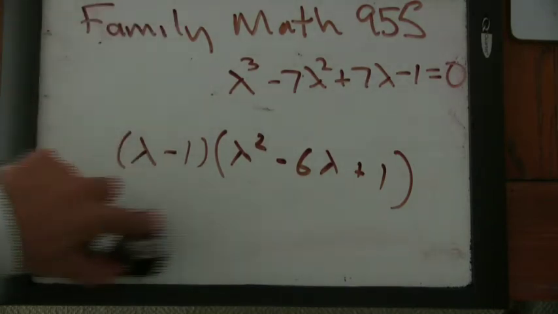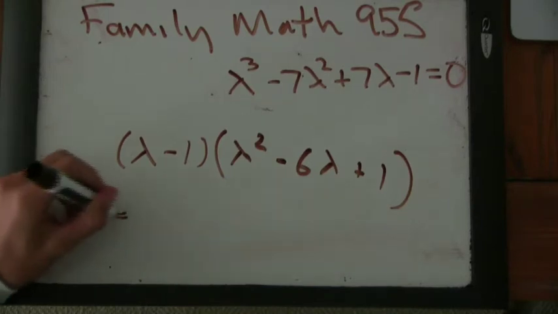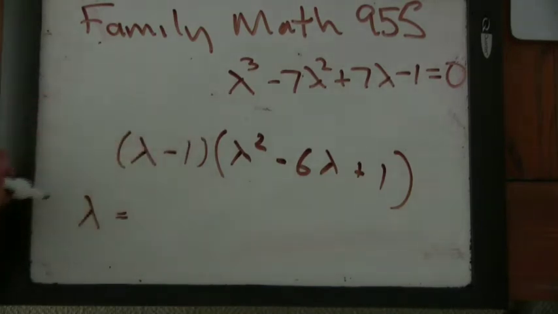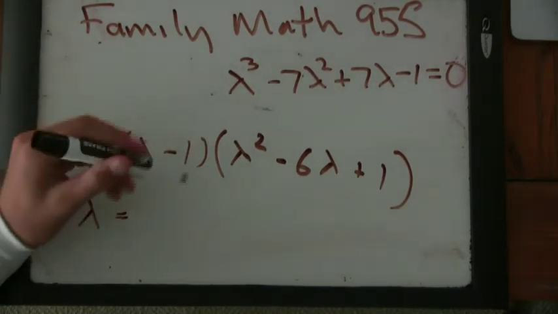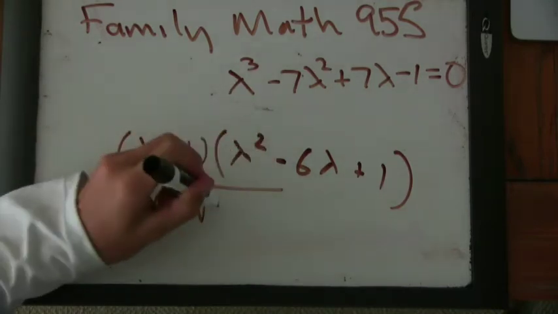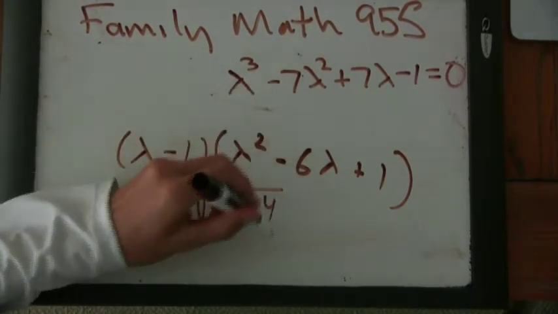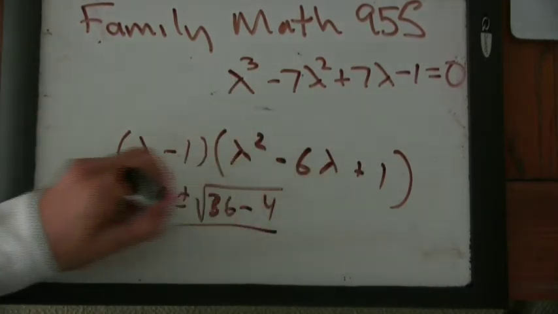I'm going to erase this for now. Don't write down the factors. Just tell me what lambda can be here. So lambda is going to equal, we already have 1 as the solution, but we got 6 plus or minus the square root of 36 minus 4, over 2.